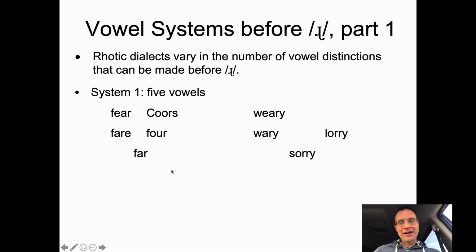I got 5 different vowels there, and then there's another slightly different context where the vowels appear before R, but then there's another vowel after the R, so they're not in the same syllable in these. So I've got weary, wary, lorry, and sorry. So the crucial part here is that without this R being in the coda of the same syllable as the vowels in question, these wind up being open syllables.